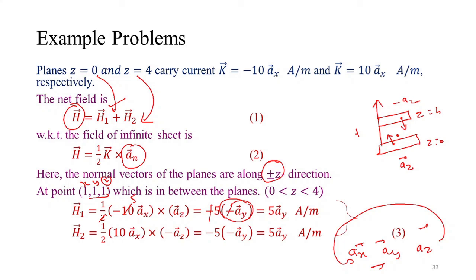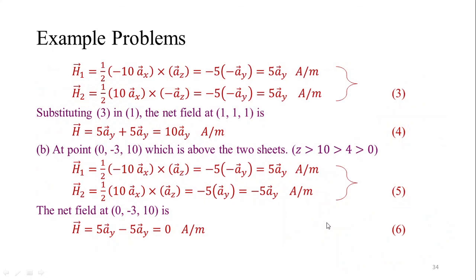Minus minus cancels, so you have 5 a_y amperes per meter. Similarly, for z equal to 4, H2 is half of 10 a_x cross minus a_z. Since a_x cross a_z is minus a_y, minus minus cancels and you have 5 a_y. If you add these two, the total field at point (1, 1, 1) will be 5 a_y plus 5 a_y, that is 10 a_y amperes per meter.